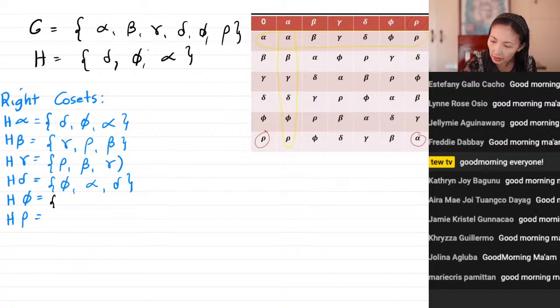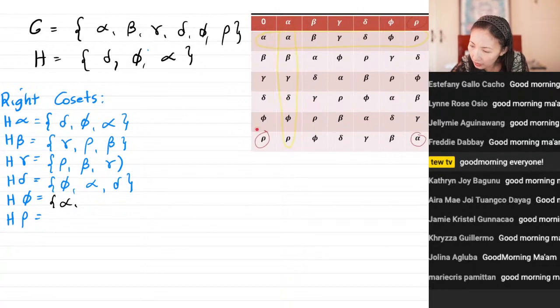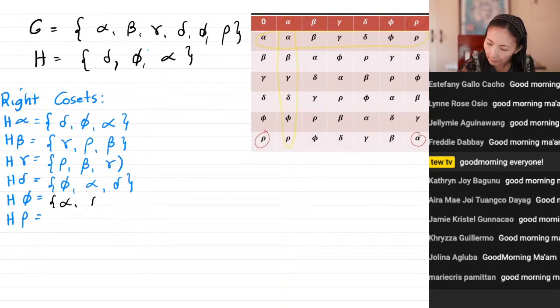So, alpha. Next, phi times phi. Phi times phi is delta. And finally, alpha times phi is phi.